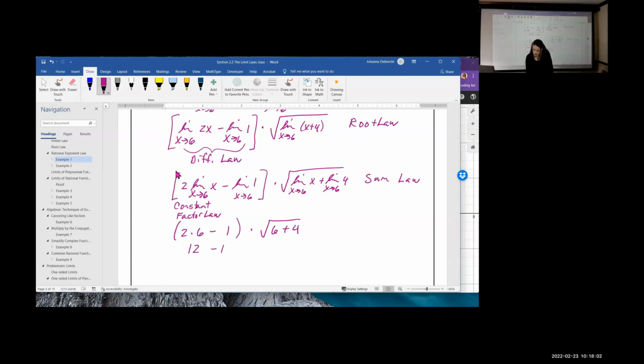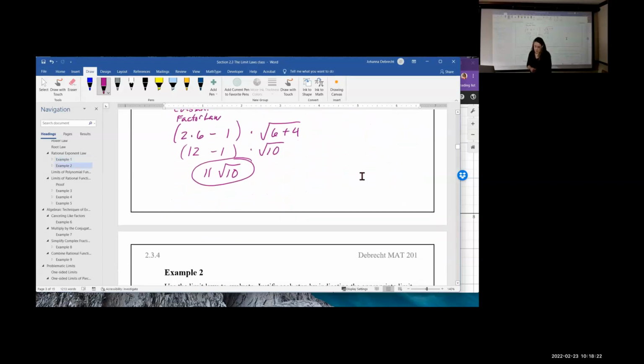So I get 12 minus 1. And the second set, I get the square root of 10. Don't do the square root of 6 plus the square root of 4. That's false. That does not work. And that's 11 square roots of 10. All right, and that's the way that you would apply it, by splitting it up one step at a time.